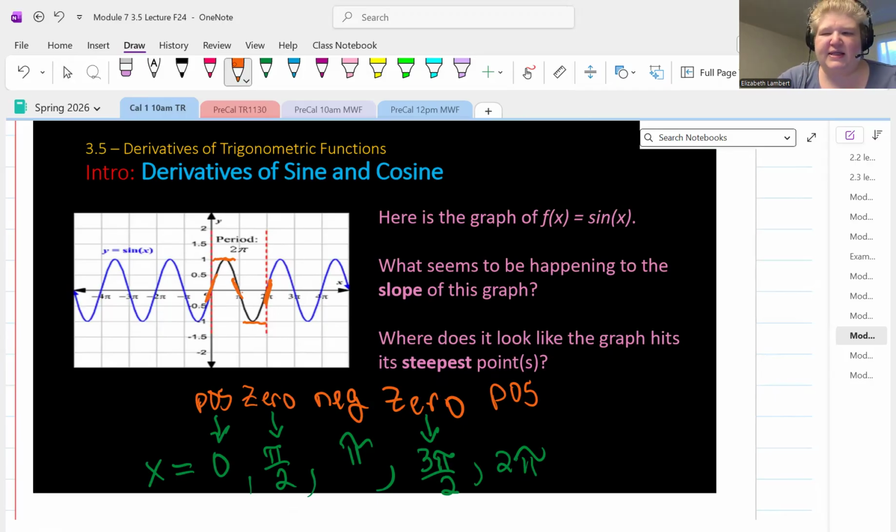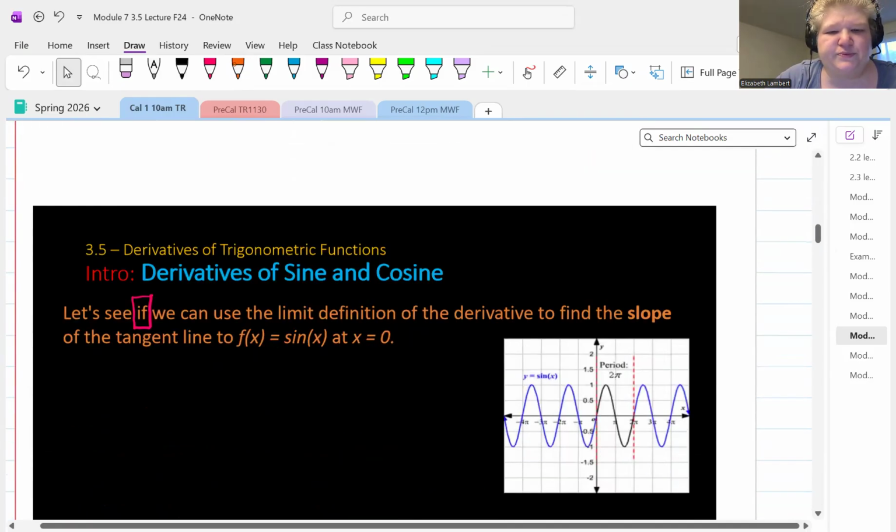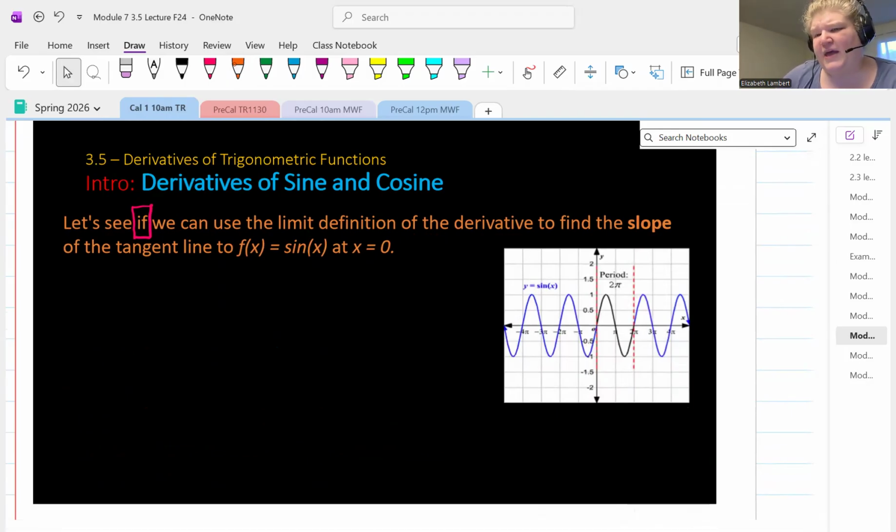So let's just leave that there for a moment. Let's look at our next slide. So this one is saying, all right, so we know sine of x. Let's see what happens if we kind of throw that into the derivative formula. Notice I boxed the word if. Can we do this? Yes, technically we can do this. It's ugly.